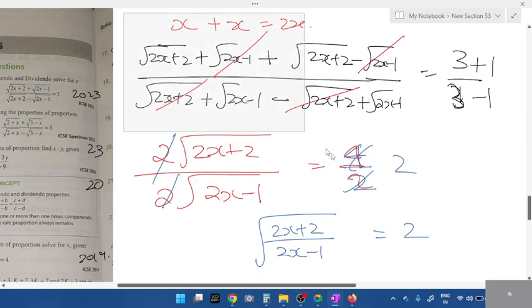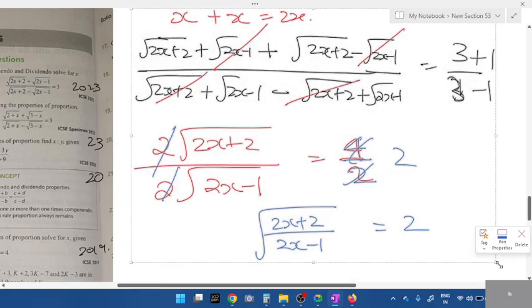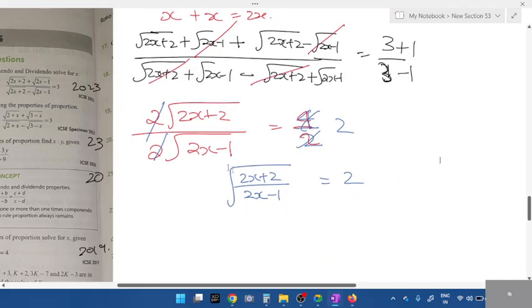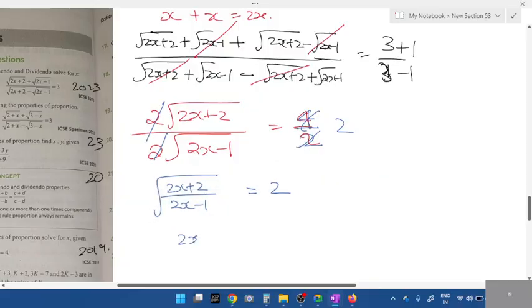What happens to the square root if it goes to the other side, students? All of you will respond. What happens to the square root? Root becomes square, right? 2x plus 2 divided by 2x minus 1, it becomes 2 square. Like this. Or the other option, square on both the sides. Look here.